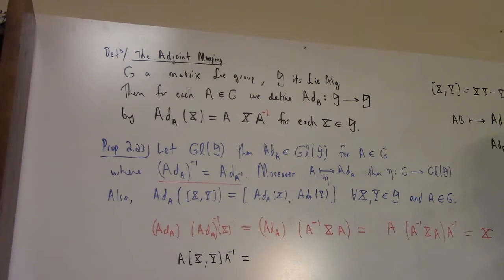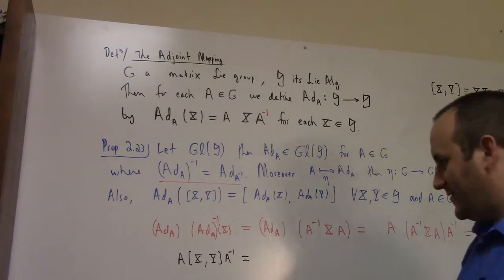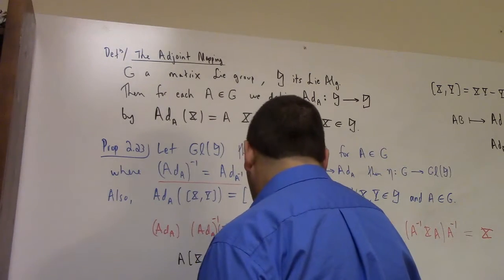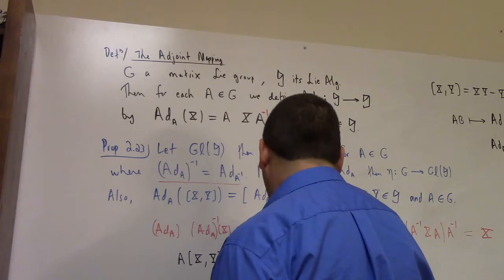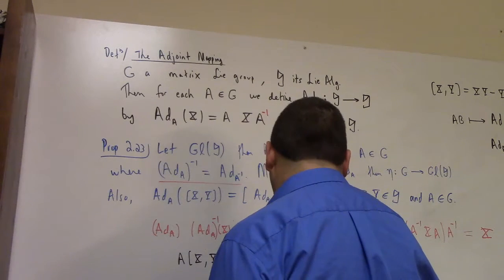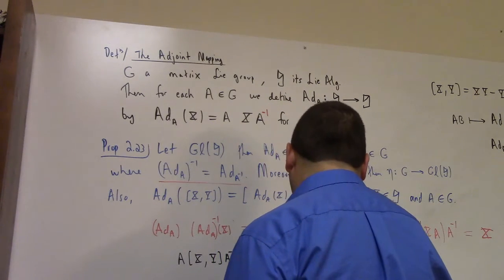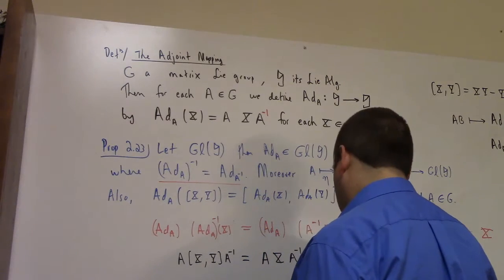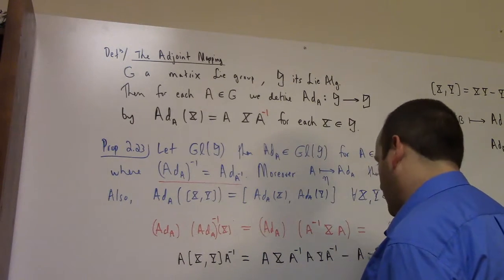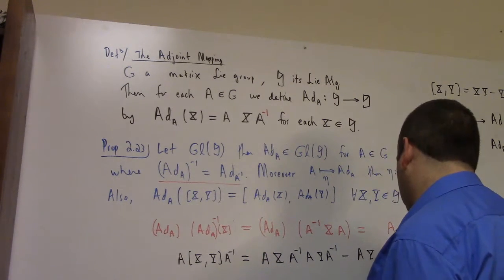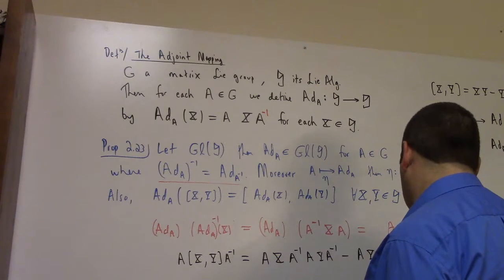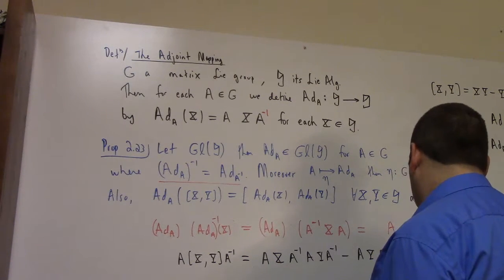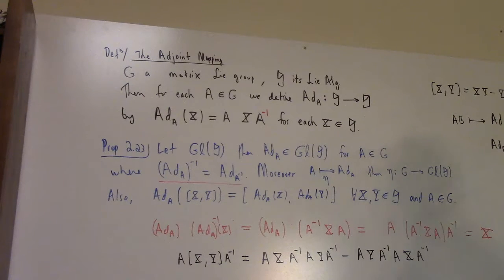Is this a university? I sometimes wonder. Let's see here. A, X, and if you use your imagination, you can see an A inverse. A, Y, A inverse minus A, Y, A inverse A, X, A inverse. You notice I inserted these; who says you can't have something for nothing?